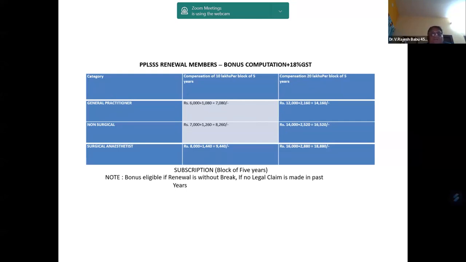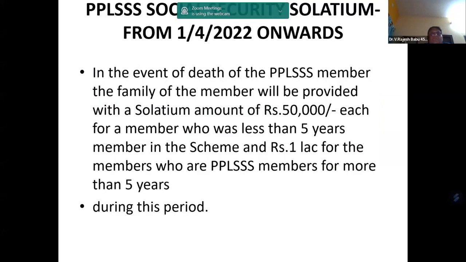Once after 5 years, they will send the form to the person who is to repay that. And from that, they see and they can pay the money. And from 1/4/2022 onwards, for PPLS members, a solatium is being given in the event of death of the person.